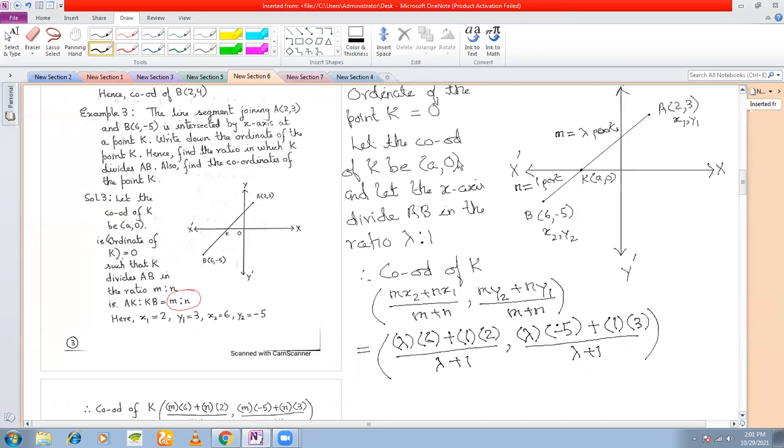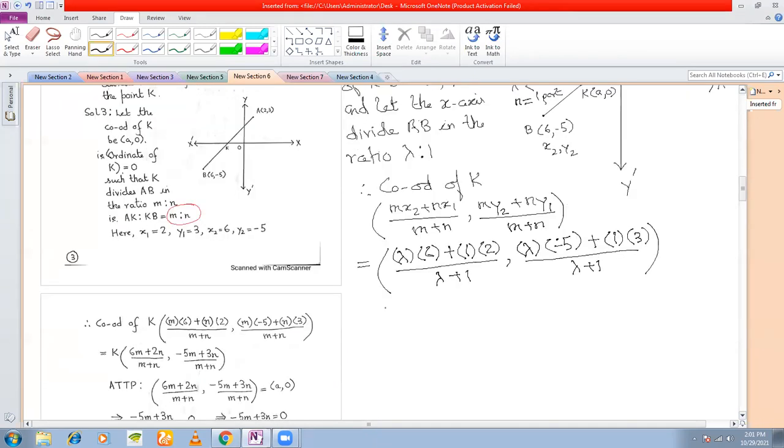This is the coordinate of K. Simplify this. You get (6 lambda plus 2) divided by (lambda plus 1), and here you get (3 minus 5 lambda) by (lambda plus 1). This is the coordinate of K you are getting.